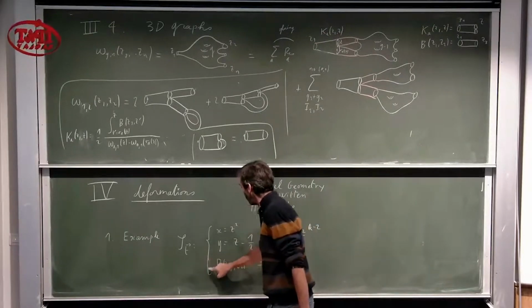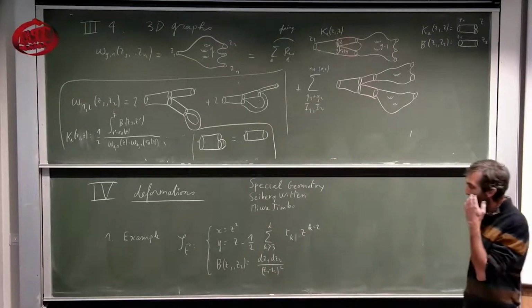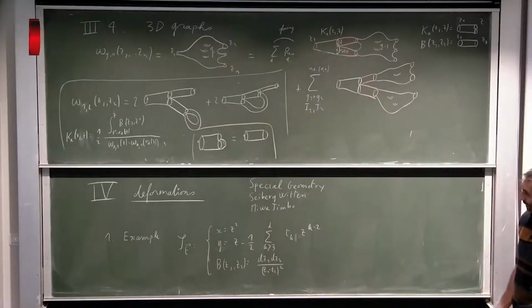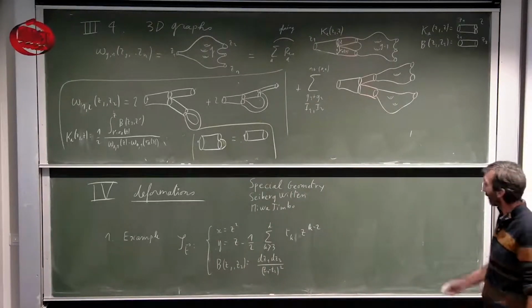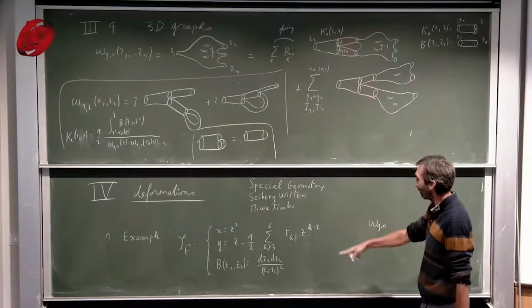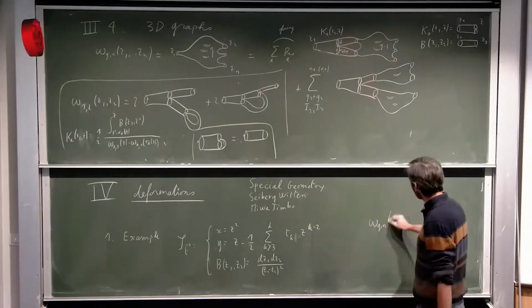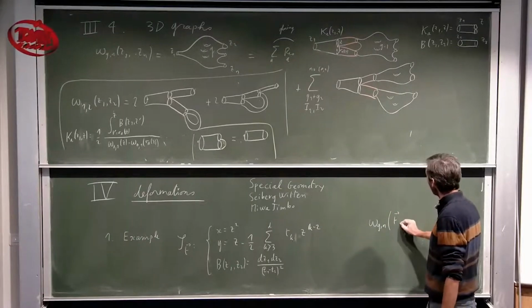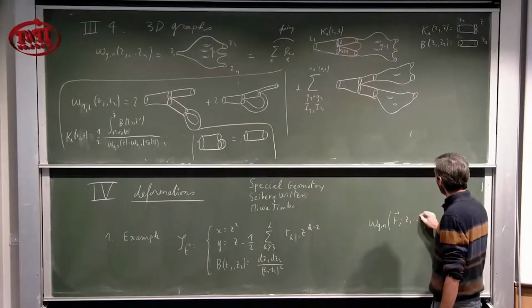So this is the family of spectral curves. And now let's start to compute. For every family of times, I would like to compute ω_{g,n} of t at z1, ..., zn.